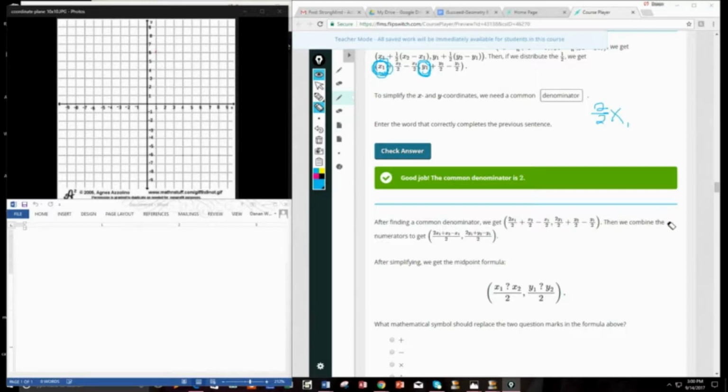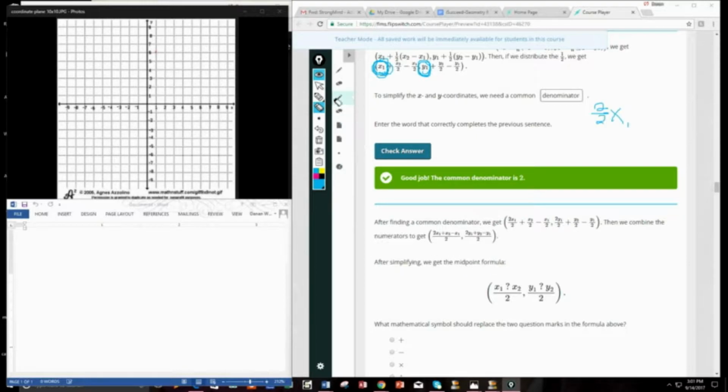Then we combine the numerators to have 2x sub 1 plus x sub 2 minus x sub 1 all divided by 2. That was the whole point of finding a common denominator, so you could write the numerators all together divided by the common denominator.